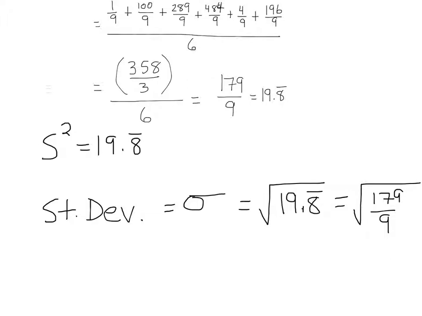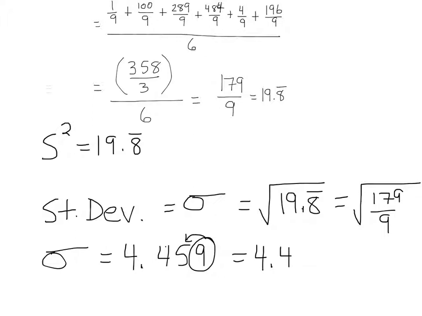You get the standard deviation sigma of 4.459. I'm going to use this 9 to round the 5 to a 6, so I got 4.46. If you round it, they'll take it.